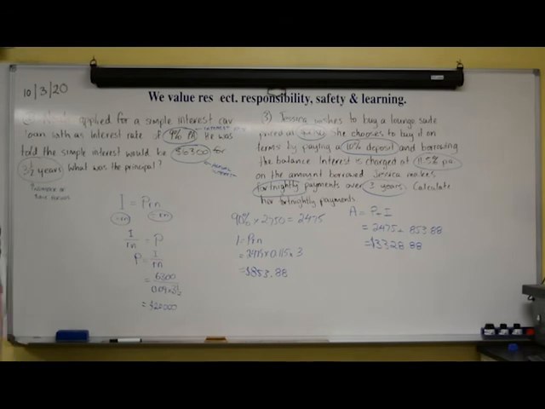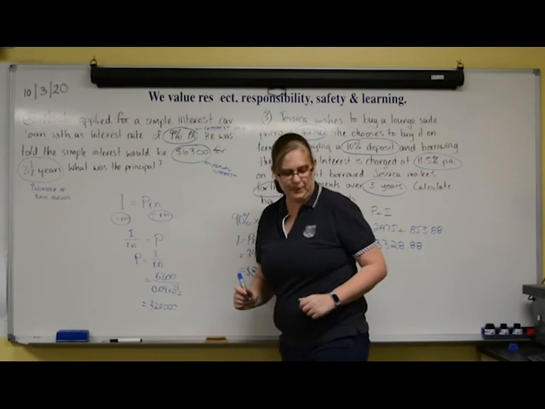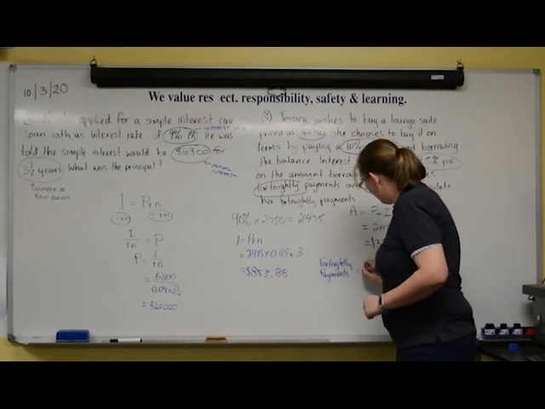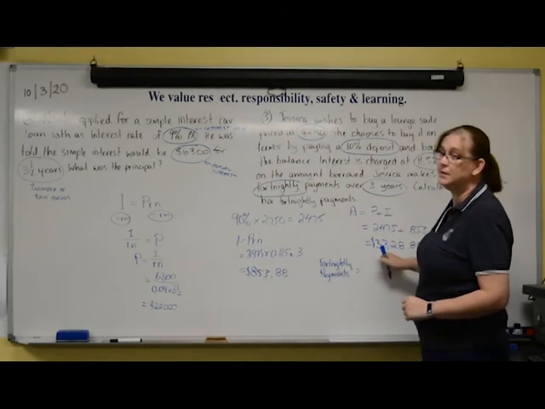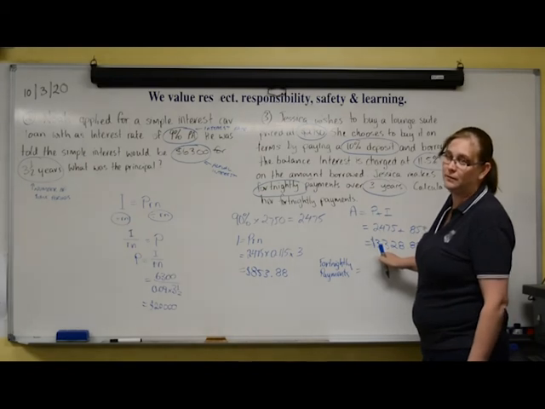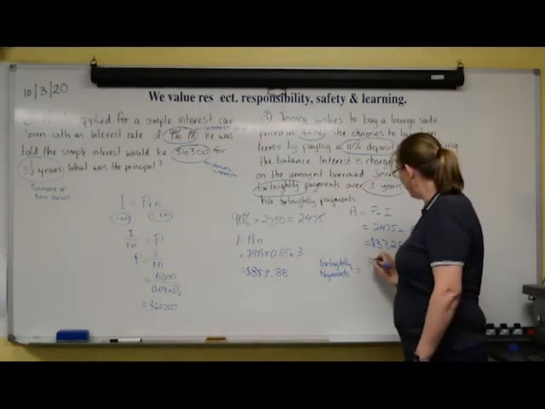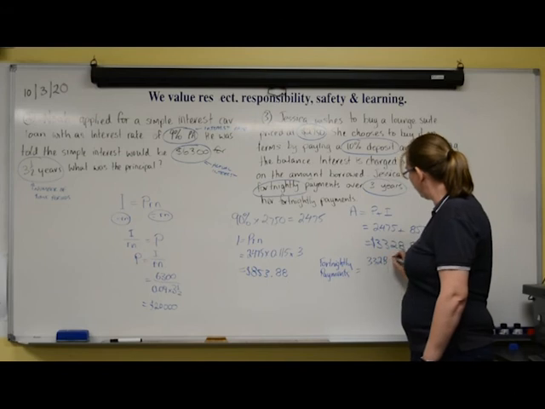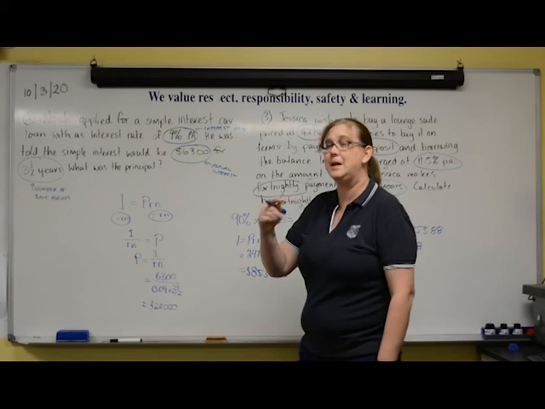So now what is the question? Because we haven't quite gotten there yet. What was the question asking us, guys? What were the fortnightly payments? So our fortnightly payments are going to be this amount on top, because we're going to divide that by the number of repayments.